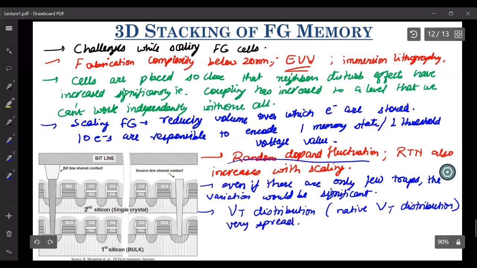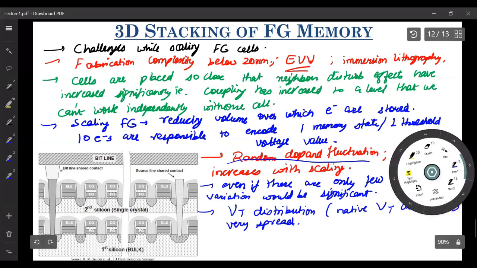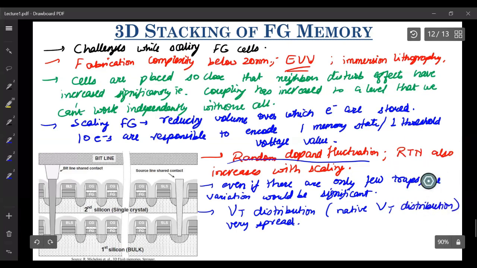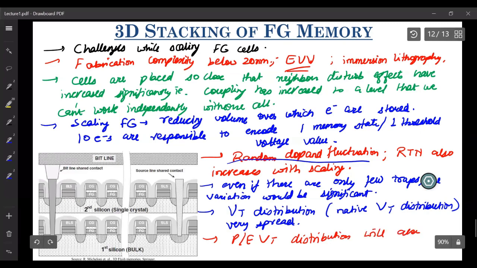And if the native distribution is itself spread, other mechanisms will only add to it, and at the end what you'll observe is that your program and erase VT distributions will also overlap.